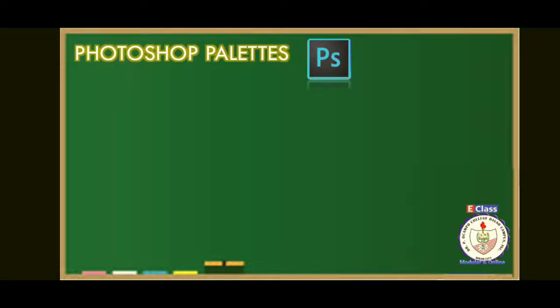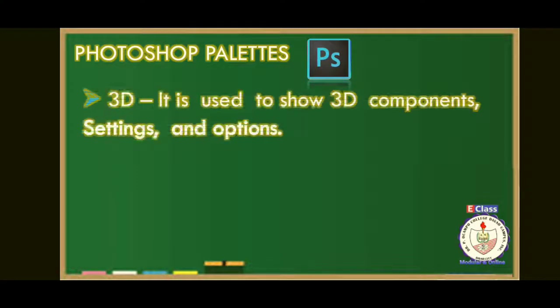Let's proceed to the Photoshop palettes. The first one is 3D. It is used to show 3D components, settings, and options, as well as the associated 3D file.